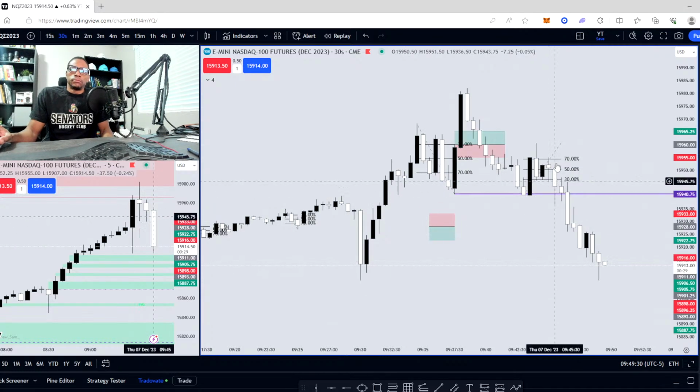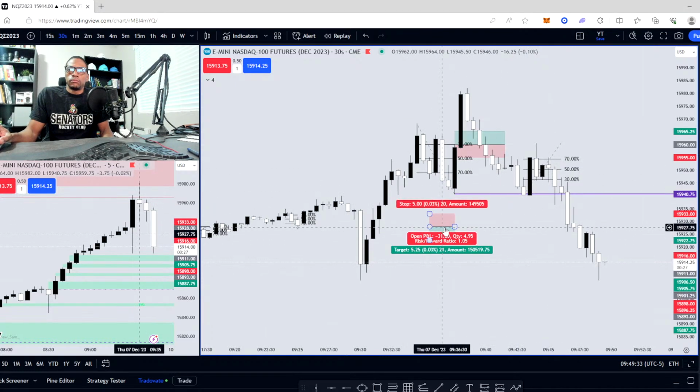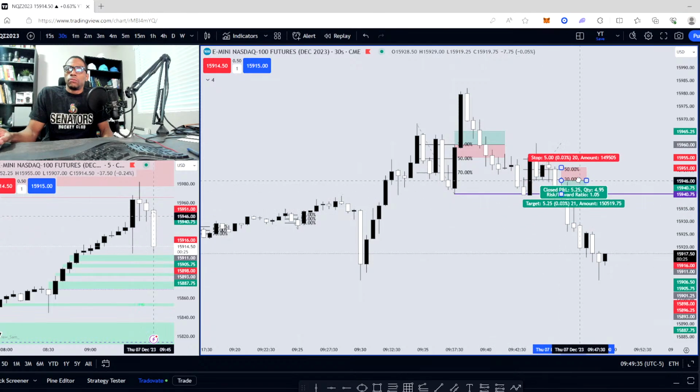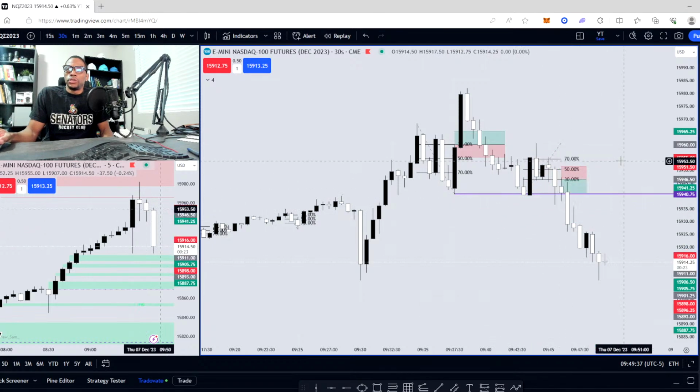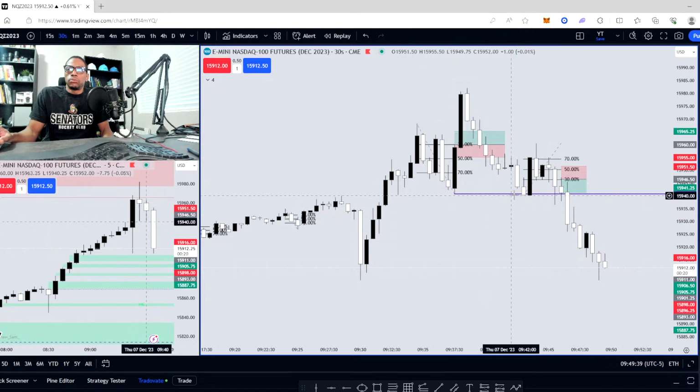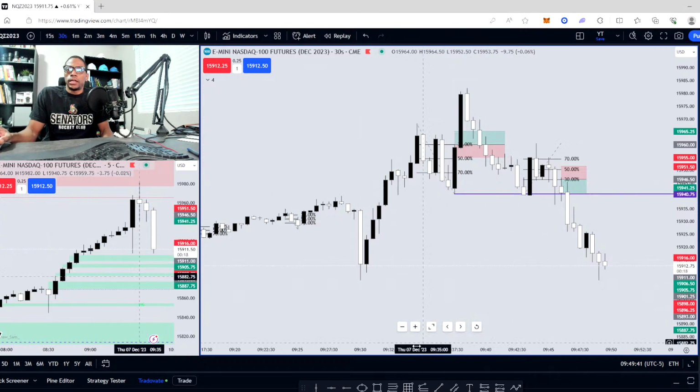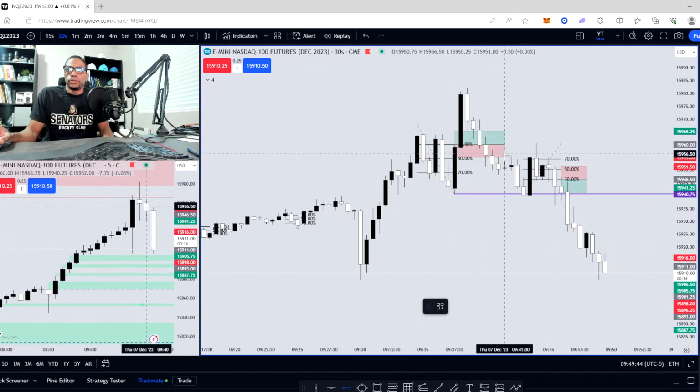Here you can see I'm just painting what it was looking like on its way down just a few minutes ago. When we had this low broken, we then had a high swept from here.